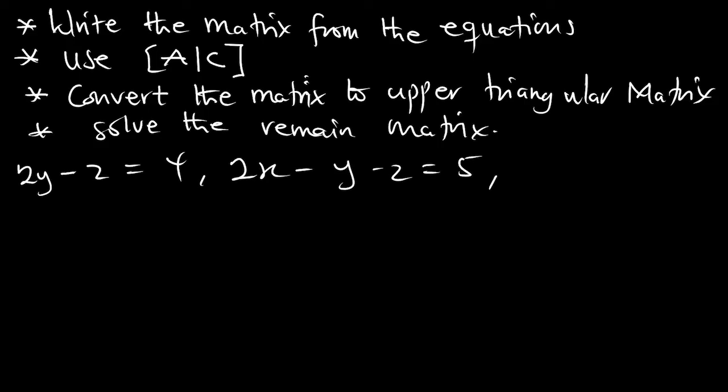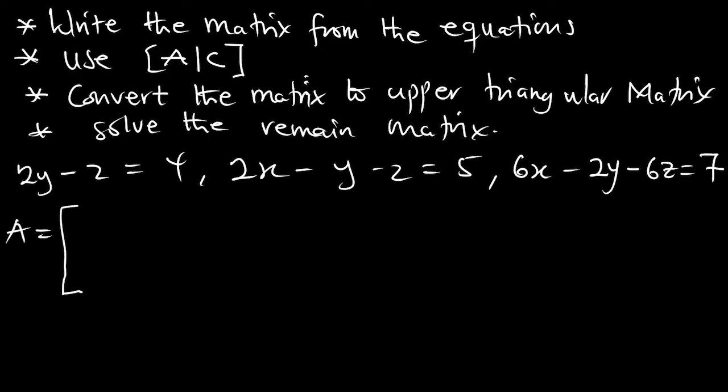Equation 3, 6x minus 2y minus 6z equal to 7. So these are system of equations, and first you write the matrix from the equations. So our matrix, let's say A, from the equations is going to be, from equation 1, there's no x part, so that will be 0, the y part 2, the z -1.